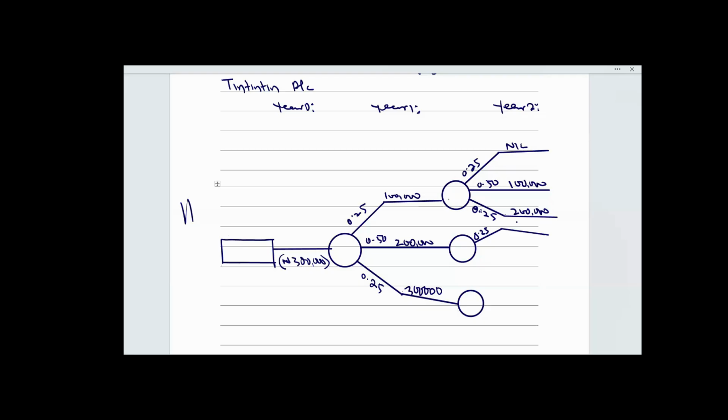That cash flow in year two will be 100,000. Okay. Cash flow in year one is 200,000, probability of 0.5 that cash flow in year two will be 200,000.